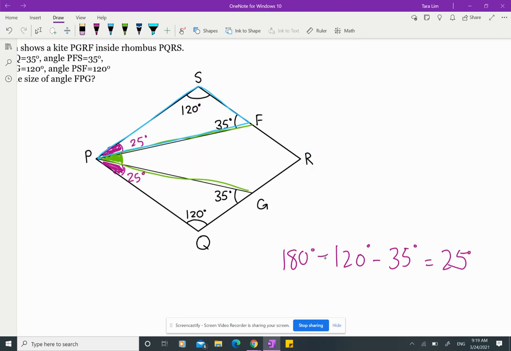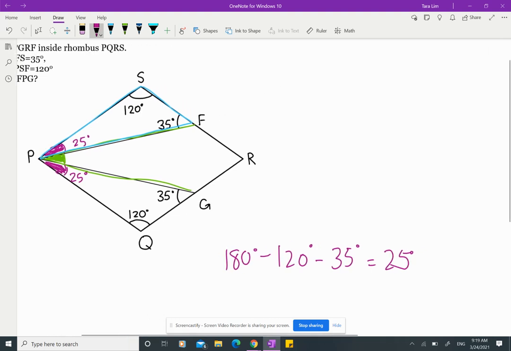Whenever you see a four-sided shape, like a rhombus or a square or maybe a parallelogram or trapezium, all of them are four-sided shapes. So whenever you see a four-sided shape like this rhombus, all the angles add up to 360 degrees.